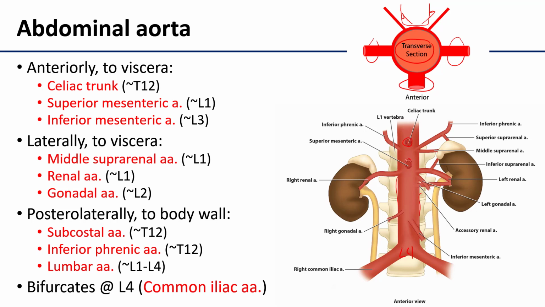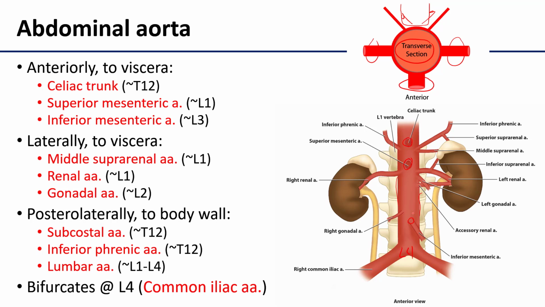Then we have the superior mesenteric artery, or the SMA. The SMA exits at approximately the level of L1, and that is going to supply the midgut with blood. And then finally, we have the inferior mesenteric artery, or the IMA, which generally is a branch at about L3 or so, and this one tends to be a little less midline than the celiac and the SMA. And that is going to supply the hindgut with blood.